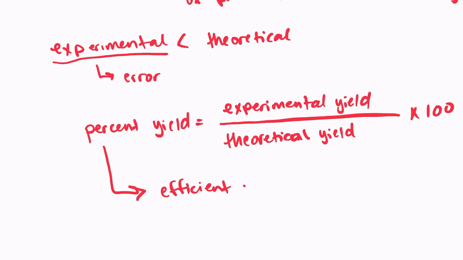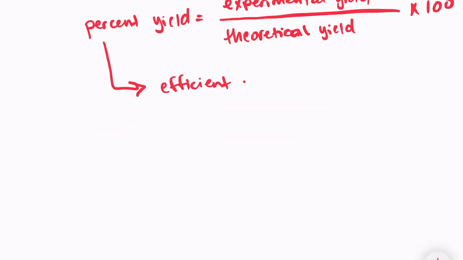So the closer our percent yield is to 100, the more accurate our experiment has been. You should not get a percent yield above 100% because, again, the experimental value should always be less than the theoretical value. So let's try a quick example, and I will just give you the values to work with.